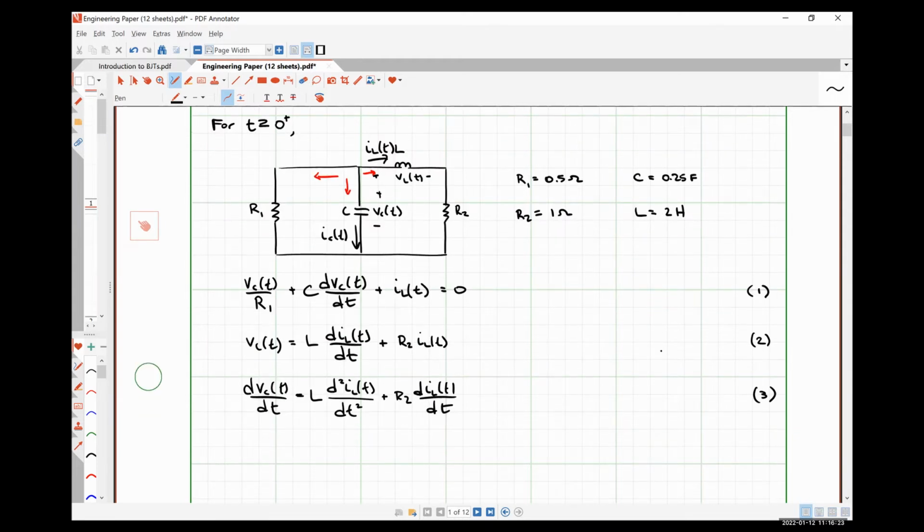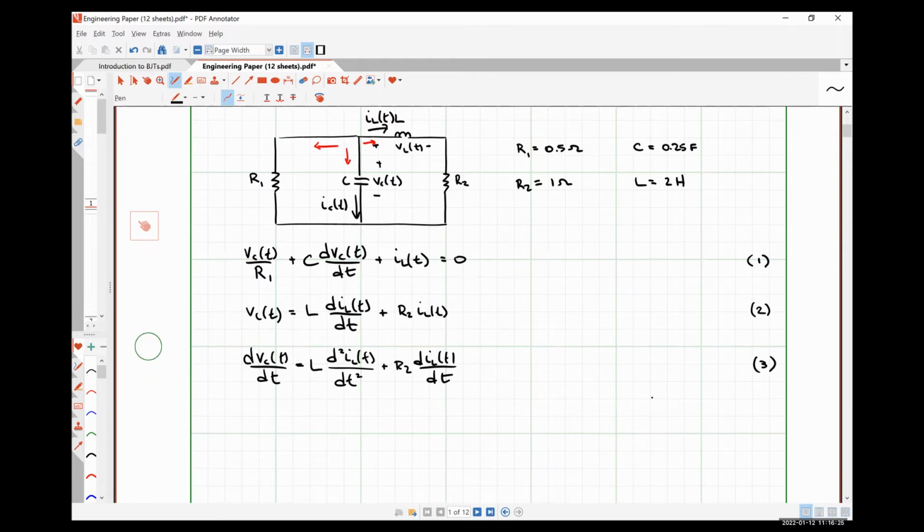So if I divide VC by R1, that's going to give me L over R1 times the derivative of IL with respect to time, plus R2 over R1 times IL as a function of time, plus C times the derivative of the voltage with respect to time.